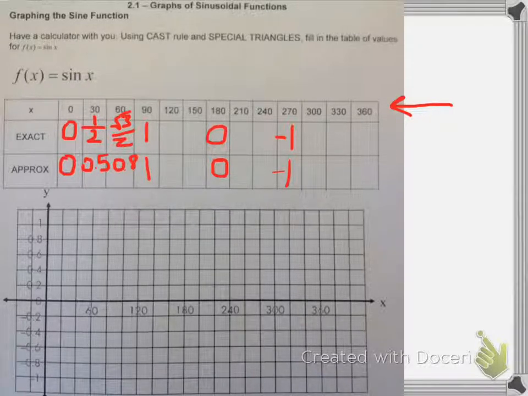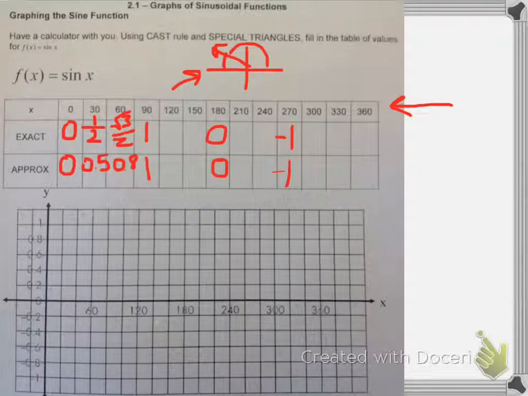How are you going to get the exact value of 120 degrees? Remember the cast rule and your special angles. So 120 degrees, you can easily make a quick sketch to help you remember 120 degrees would be over in that quadrant. So if this is 120, you have to know that that's going to be 60. So you're going to use the exact value from 60 degrees.